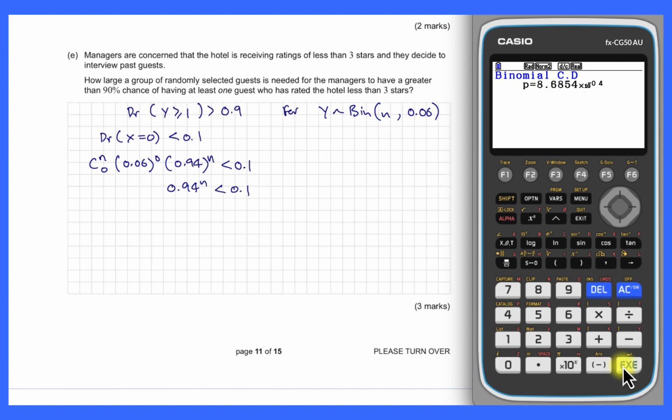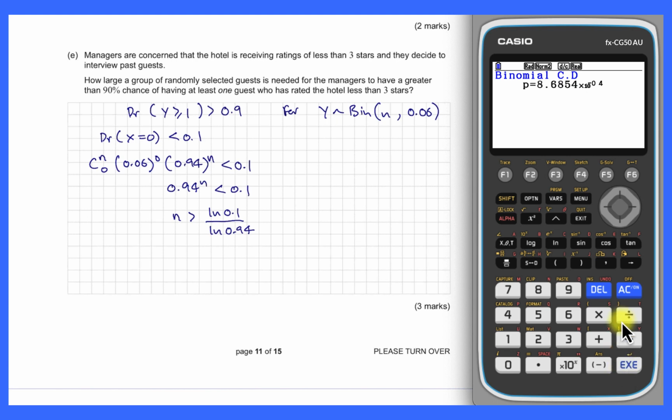We can take the logs of both sides and then divide by ln 0.94. It's important when you do that to realize that this inequality will switch around because the log of 0.94 is negative, and that's because the log of anything less than 1 is negative. So the inequality switches around, and ln 0.1 over ln 0.94 is what we want to calculate.